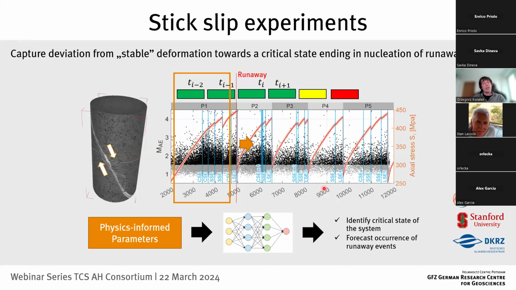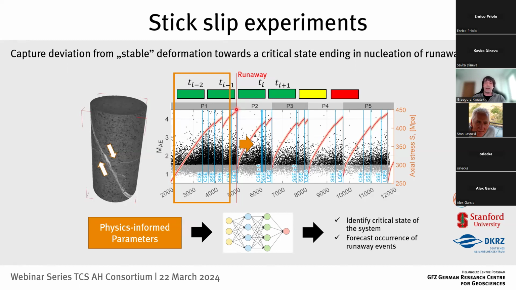So we decided to use laboratory stick-slip experiments on a pre-fractured heterogeneous fault and investigate whether we are able to capture the deviation from stable deformation towards the critical state that ultimately ends in the occurrence of a system-size runaway event.